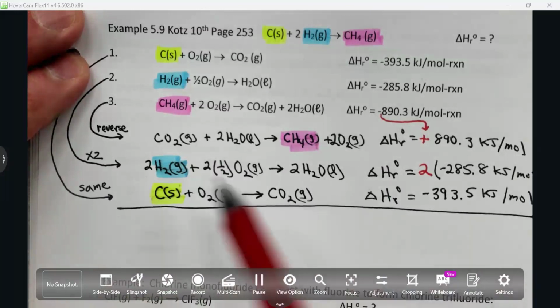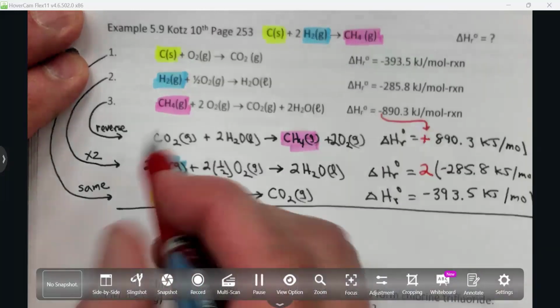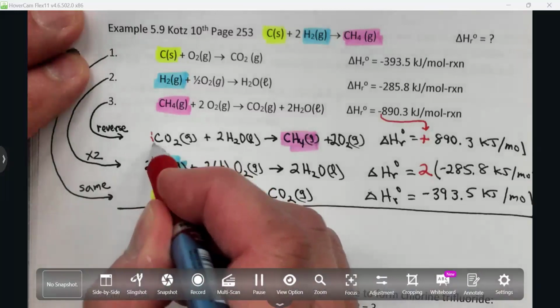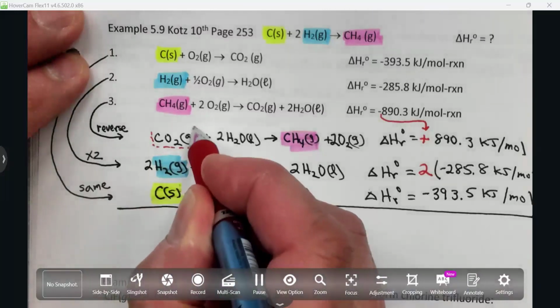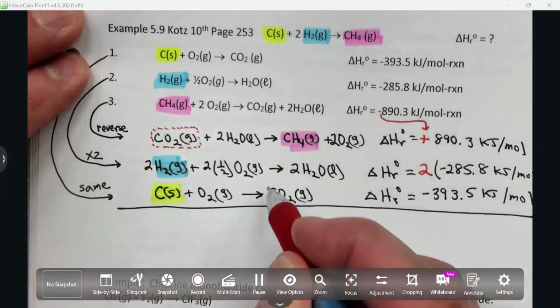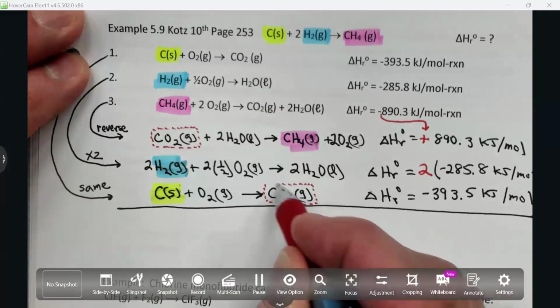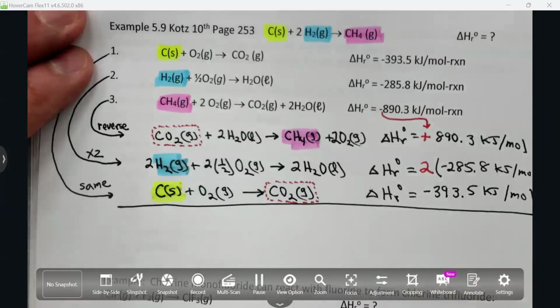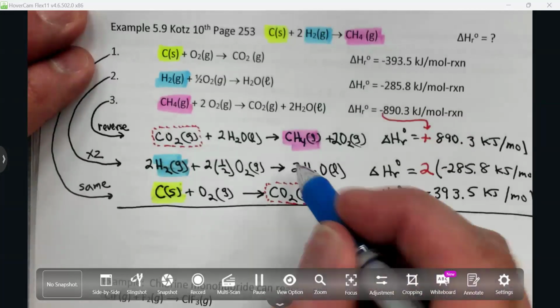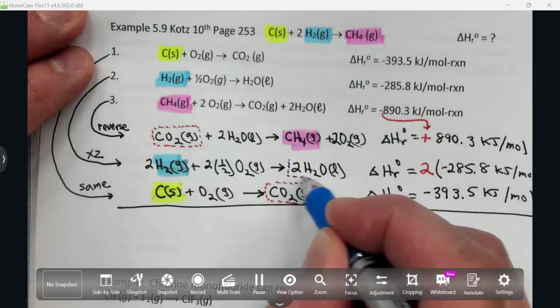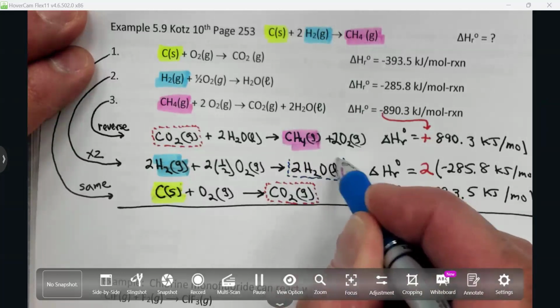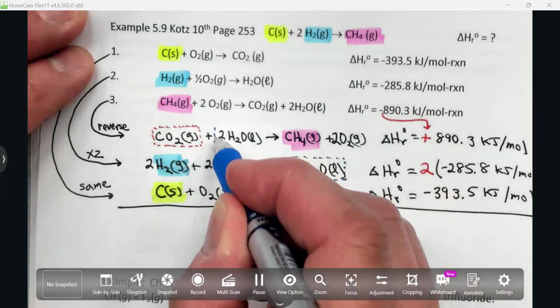All right, let's see what we've got. The CO2 is an easy one. CO2 here and CO2 here for sure. Two waters here. And two waters here.